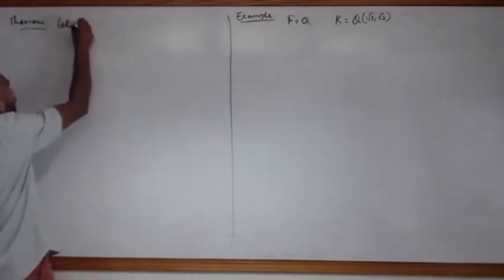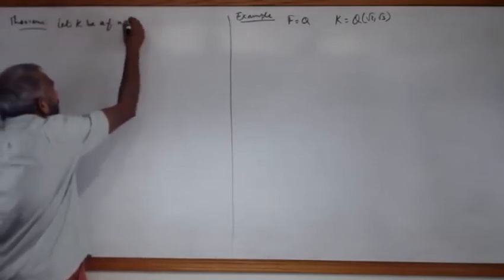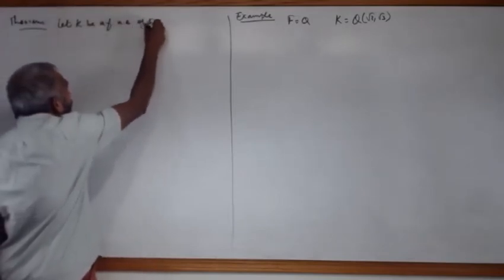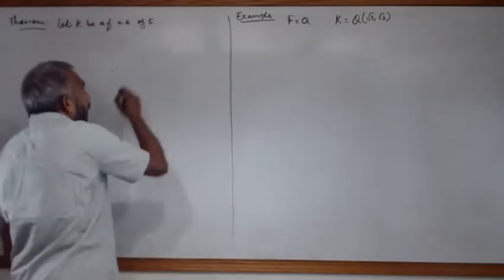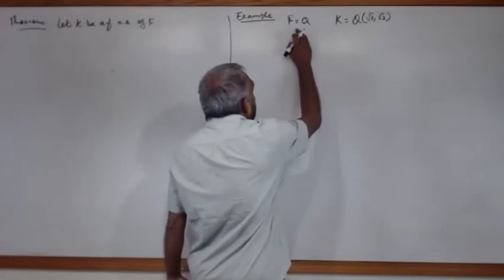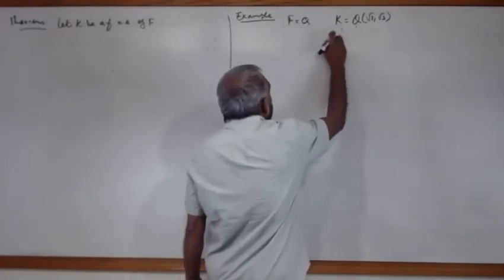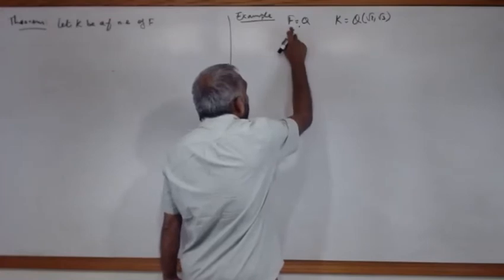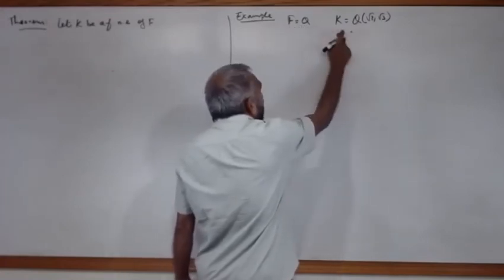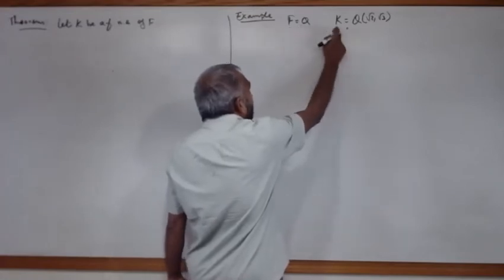Let K be a finite normal extension of F. Then what we are interested in is all the extensions of F within F and K. Extension of F, but again subfield of K.